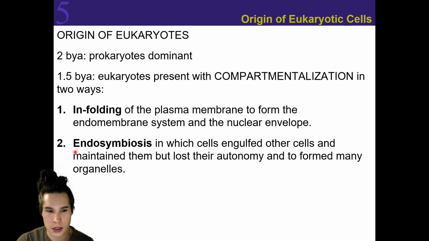Now, endosymbiosis is another idea in which cells were proposed to have engulfed other cells without digesting them. So these other cells, you could say a larger prokaryote. Typically, if you're a larger prokaryote, it's a little bit more difficult to consume you. And if you happen to engulf a cell that has some useful metabolic processes, such as the creation of ATP from the breakdown of glucose using oxygen in an aerobic process, if you simply don't digest it, you might be able to reap some of the benefits of that ATP production.